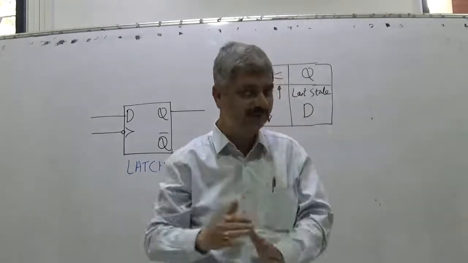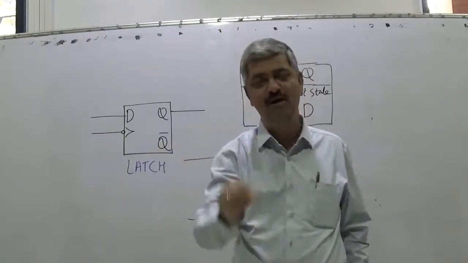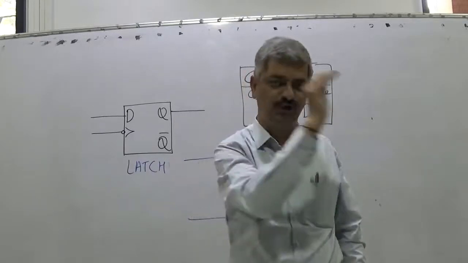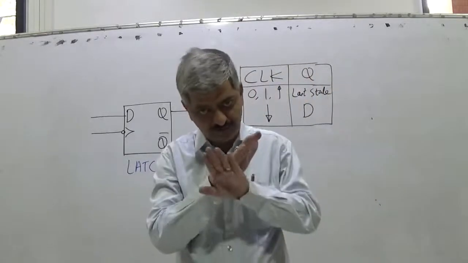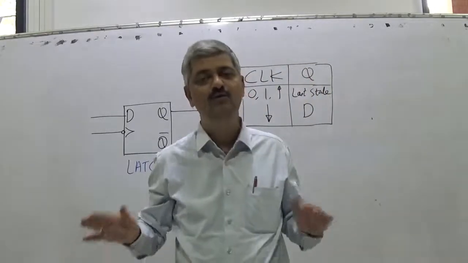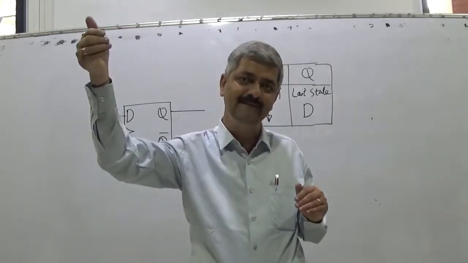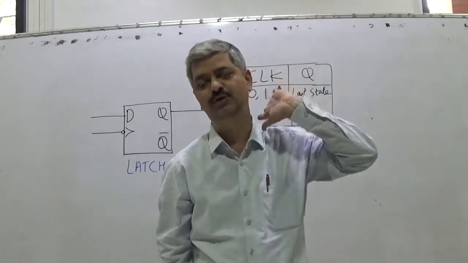So whatever is put on D at the time of the falling edge of the clock appears on Q. And once the clock falling edge is over, whatever is put at D does not affect output Q.